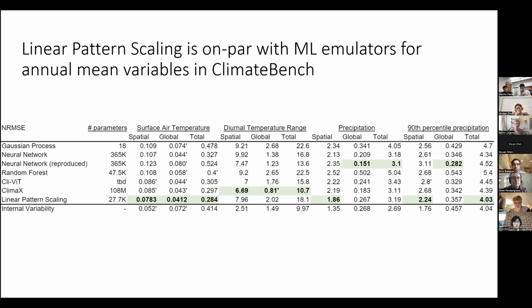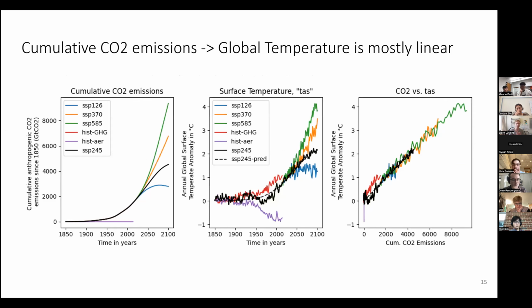Overall, the linear pattern scaling model has a worse global bias than the neural network models. And I'm still trying to find out why that is. That seems kind of curious. And then the diurnal temperature range was also a variable that seemed to be more complicated to predict.